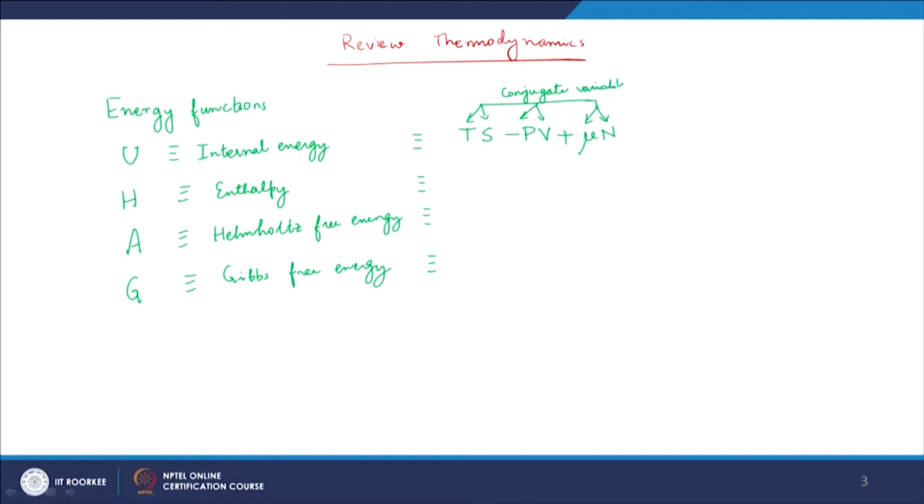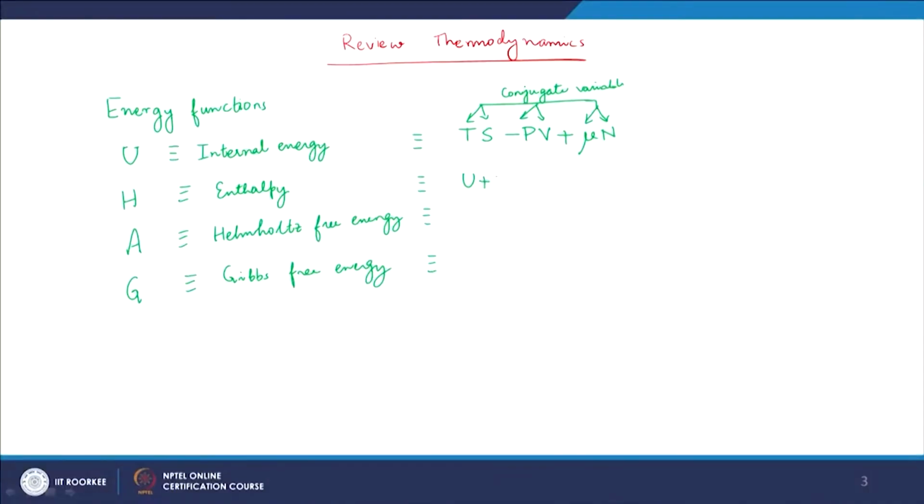So, T is conjugate to S, P is conjugate to V, mu is conjugate to n, and then H is by definition equal to U plus PV, that is then using the formula up there, Ts plus mu n. Helmholtz free energy A is defined as U minus Ts, that is minus Pv plus mu n, and then the Gibbs free energy is given as H minus Ts, which is simply equal to mu n.